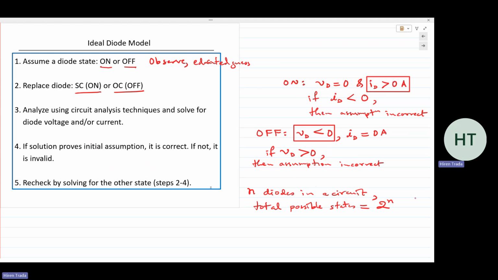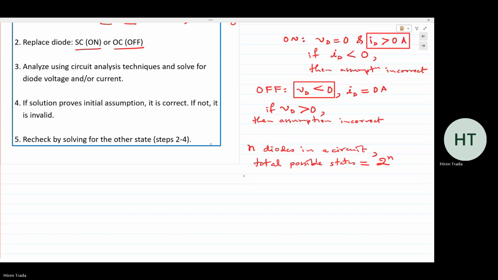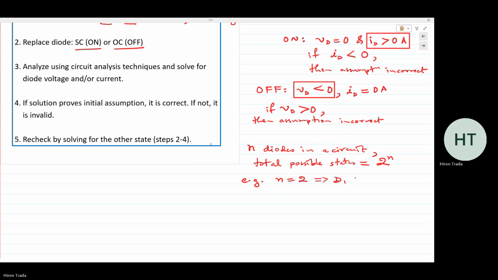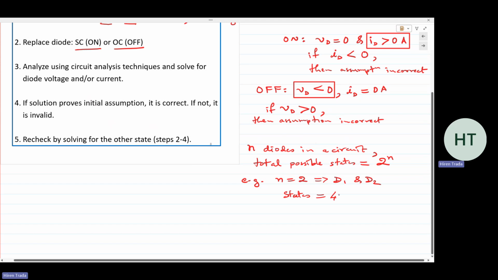One key thing to remember is that if one state is incorrect, meaning let's say, for example, you have n equal to two diodes, D1 and D2. So possible states, 4, 2 raised to n.